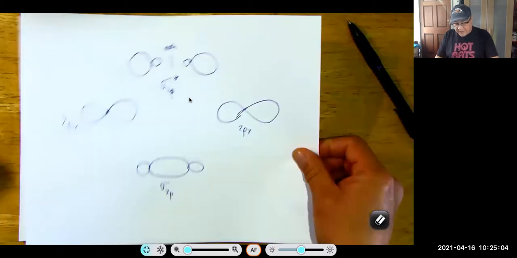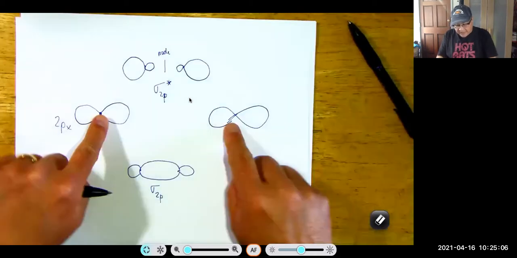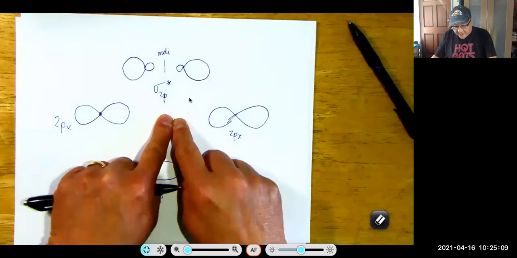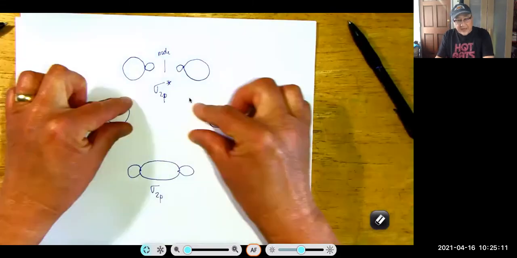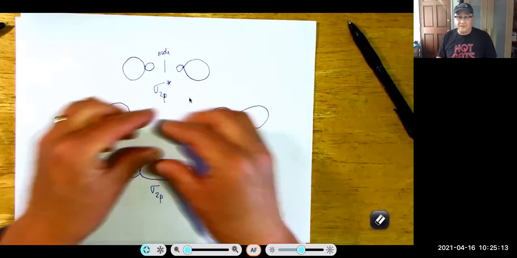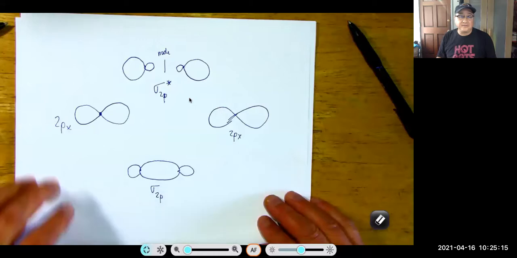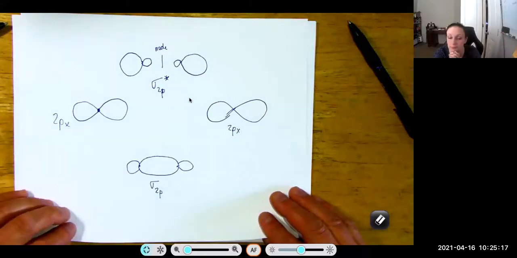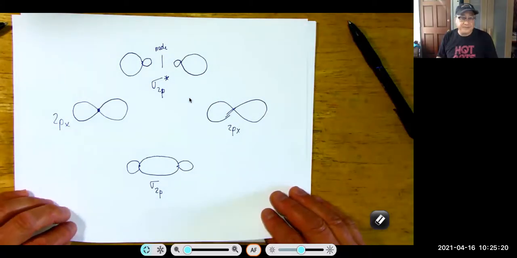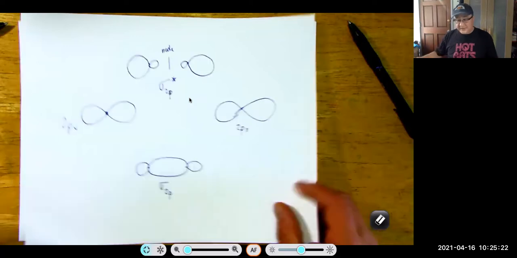Do you see how when they make their MOs, they're doing a head to head? You're basically taking this and matching it with that by pushing them together. Okay. So that's a sigma bond. Whereas this one, it's side to side.